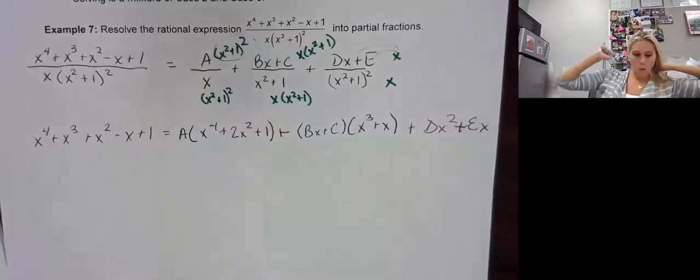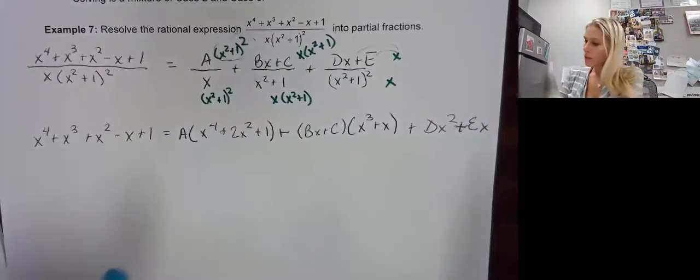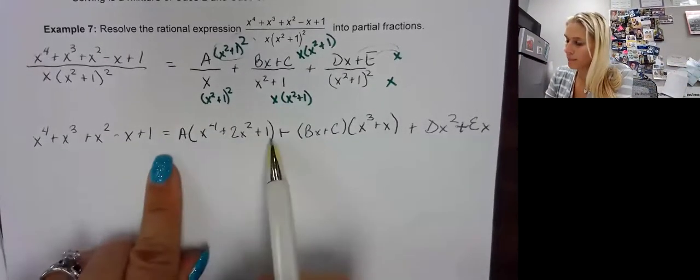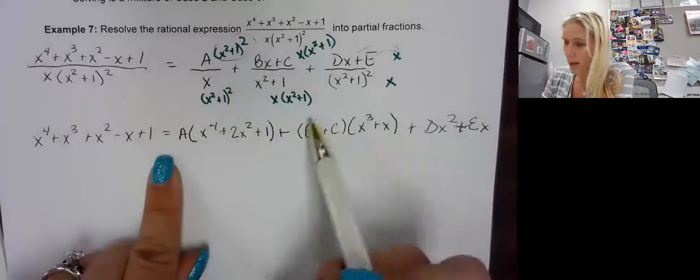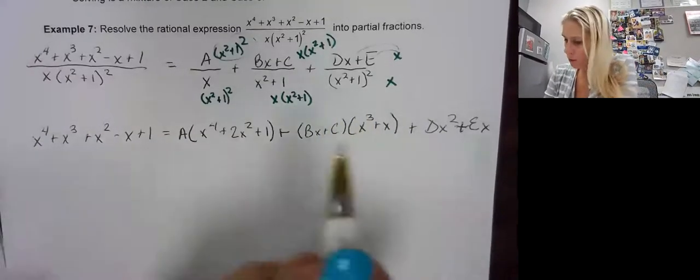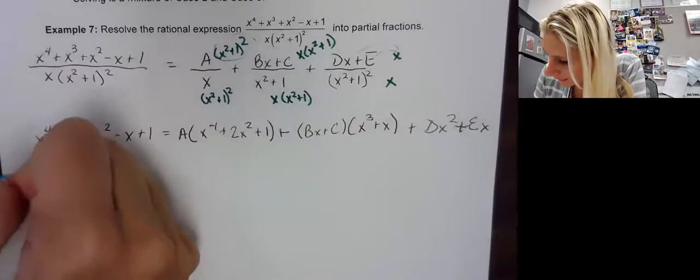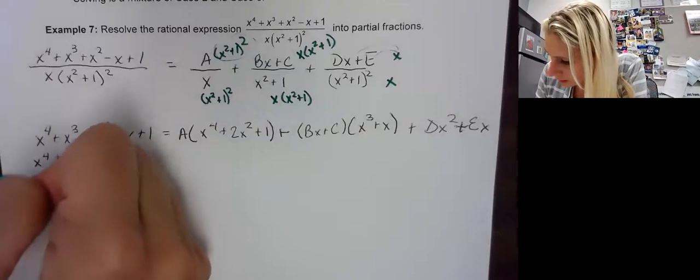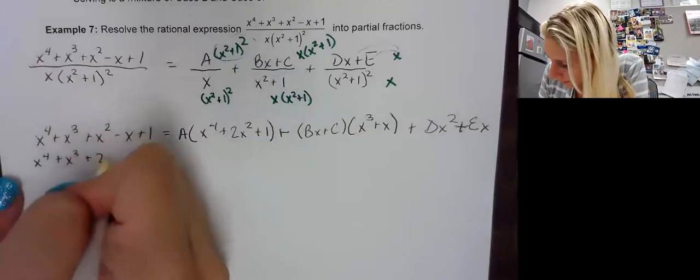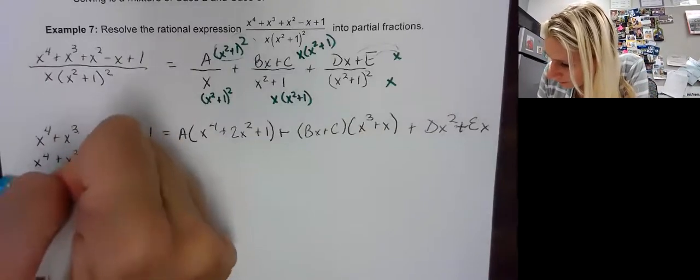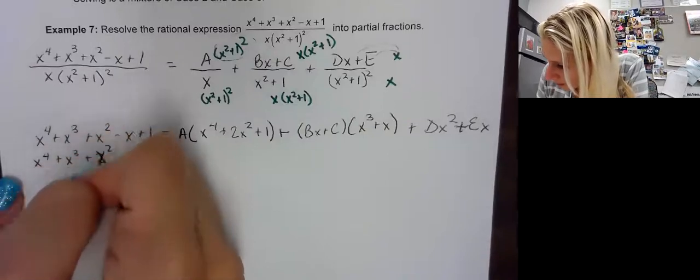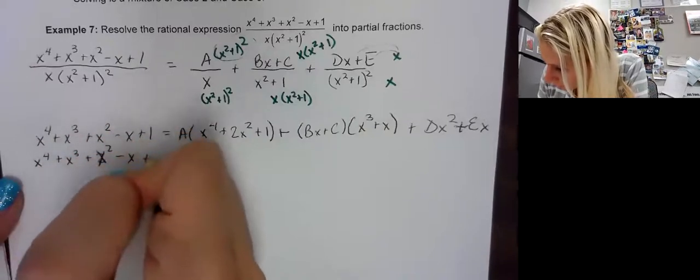I still have more to do, right? So here's what we're going to do. We're going to distribute that a. We're going to box or FOIL, depending on what you want to do there. So x to the 4th plus x cubed plus 2x. Oh, what am I doing? X squared minus x plus 1.